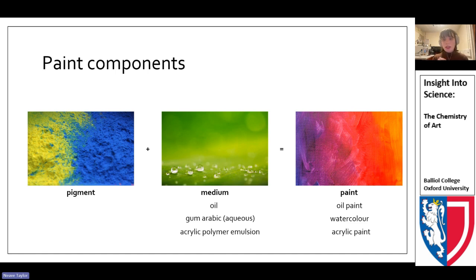So you have a pigment. This is something that's highly colored, for example, the mauveine or the Prussian blue that we spoke about earlier. And then you suspend that pigment in a medium of some kind. That's some kind of liquid that can carry your pigment. And when you mix that together and you get everything right, you get beautiful paint.